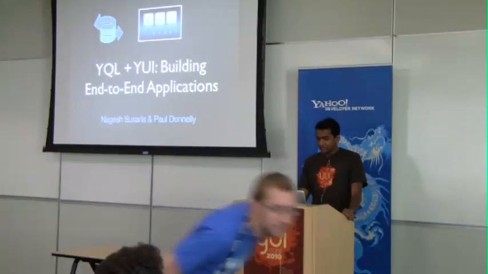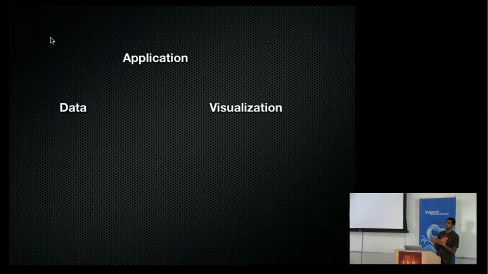To get started, let me start by defining what an application is in my terms. I think of an application as composed of data and visualization, obviously. For the data part, I get it from a database, be it my MySQL database, which has my user data, for example, or from the various web services that are out there.